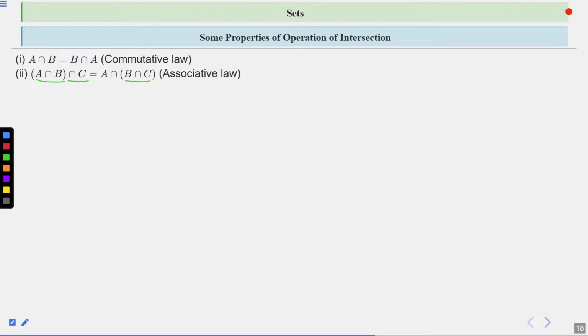So associativity shows that if you have three sets, doing intersection with the first two or the last two sets, the final answer won't be affected by the order of the intersections.